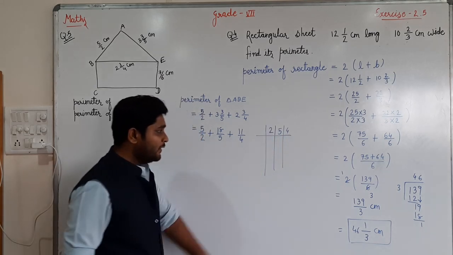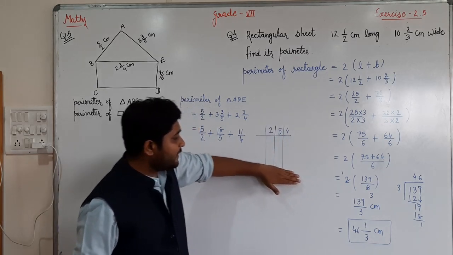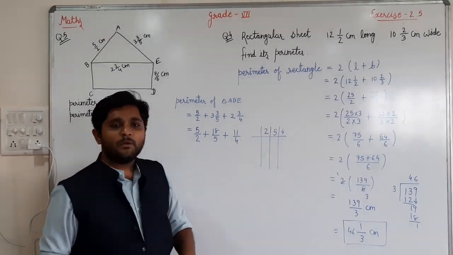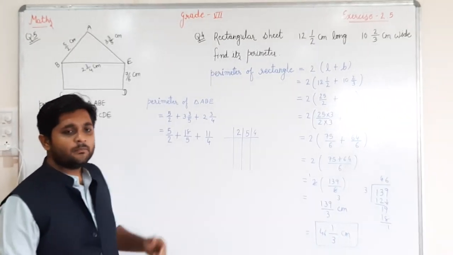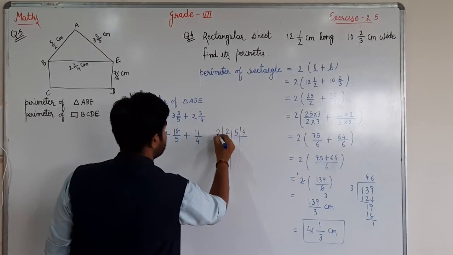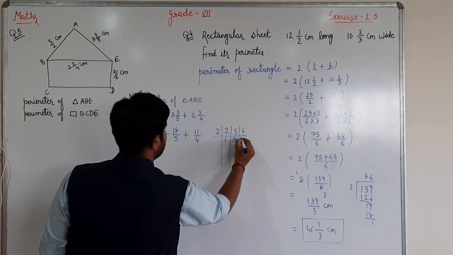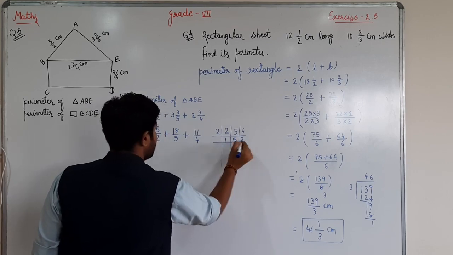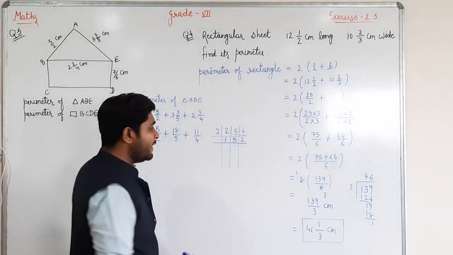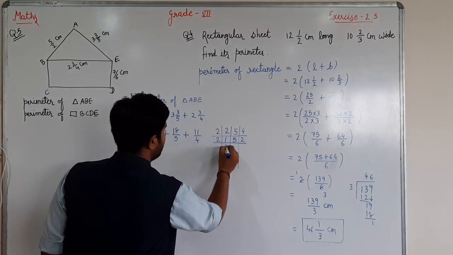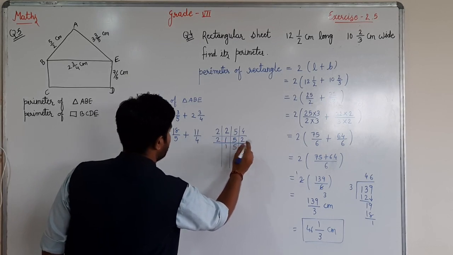First of all, divide by 2. If any of them is divisible by 2, we divide it by 2. 2 1s are 2, 5 is not divisible by 2, and 2 2s are 4. Again 2 is there, so divide by 2: 1, 5 as it is, and 2 1s are 2.